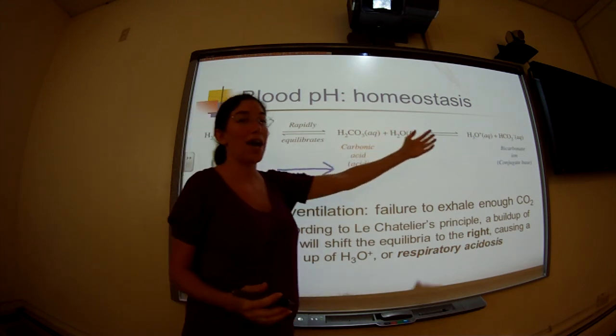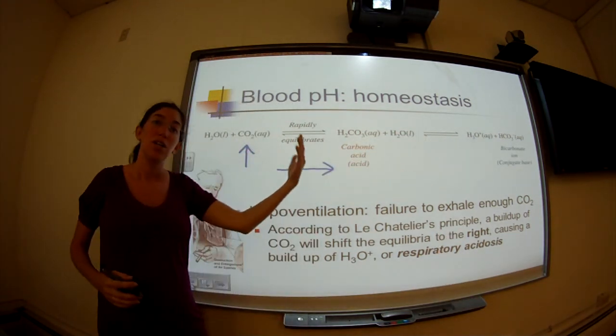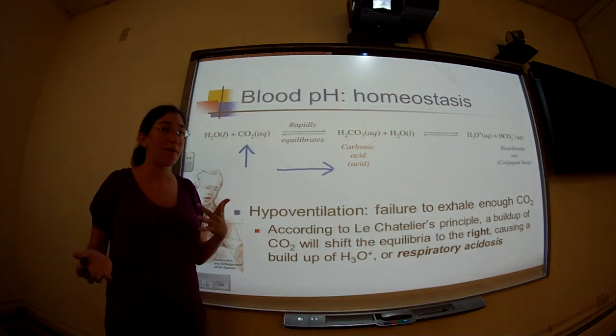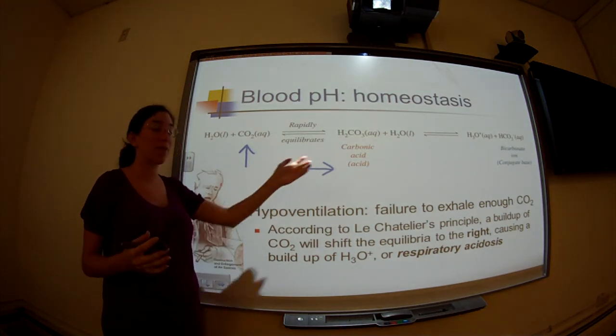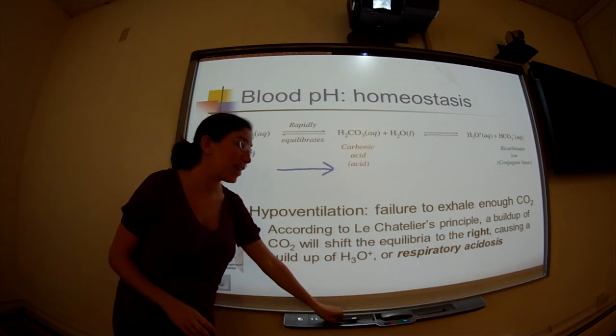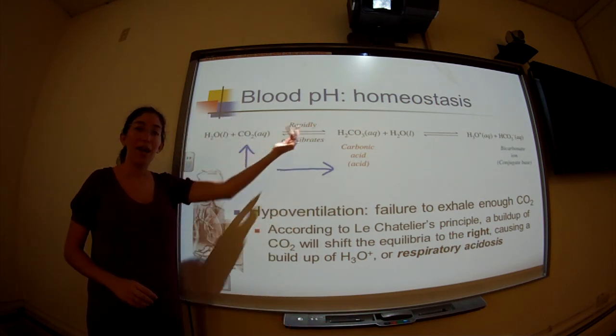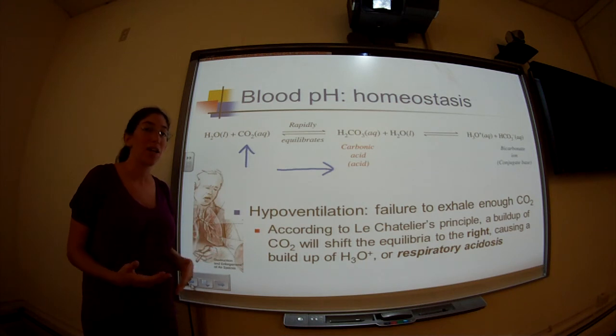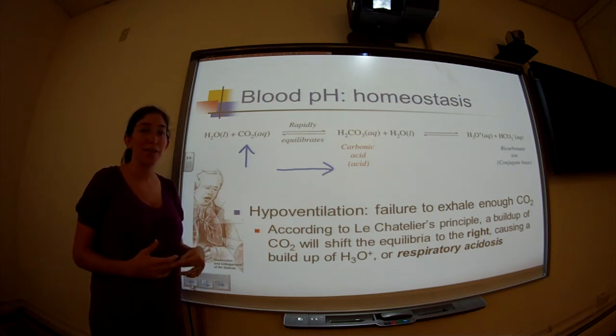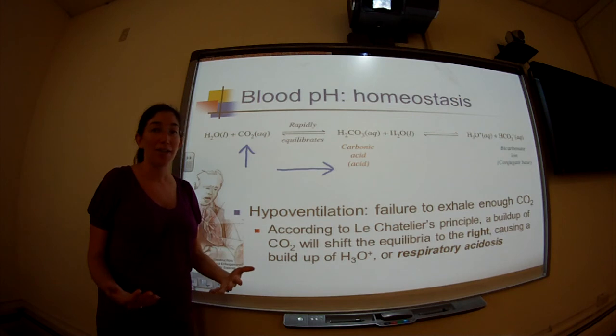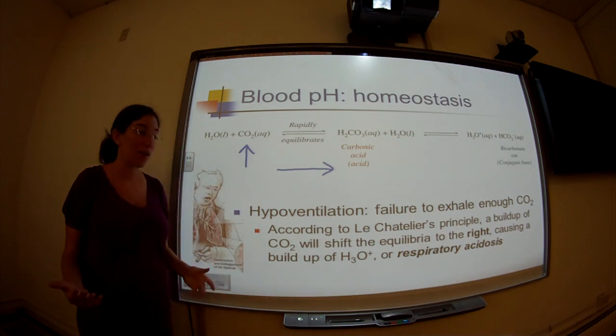So it's important to have extra bicarbonate ion to help buffer the blood, the pH. But if you don't have enough bicarbonate, then that carbonic acid gets too high, and you actually get respiratory acidosis. Your blood acid levels increase, and it can be very dangerous.